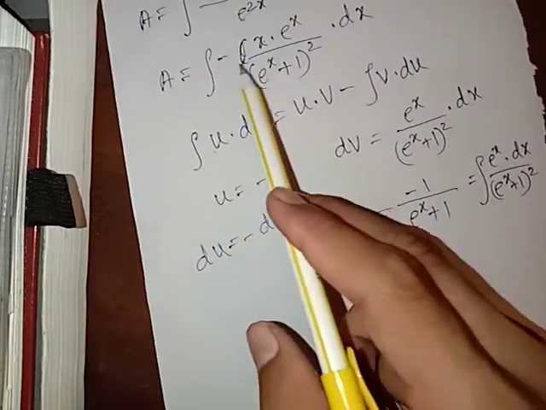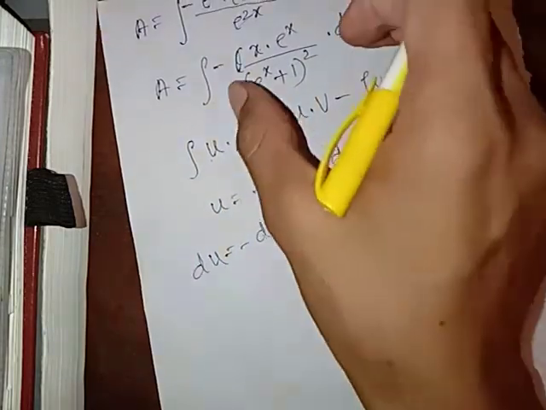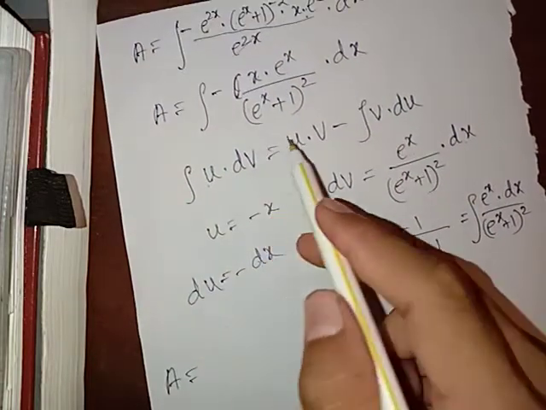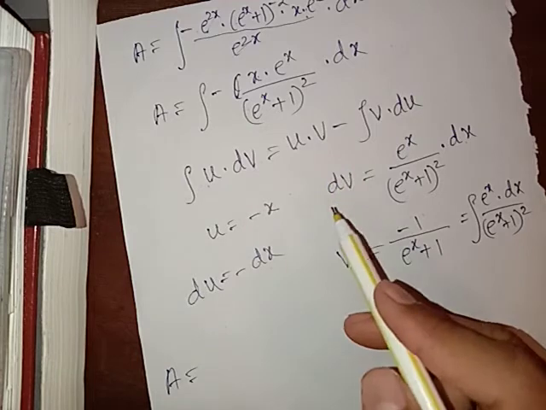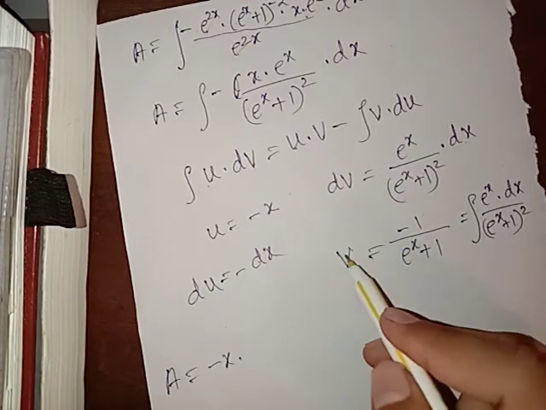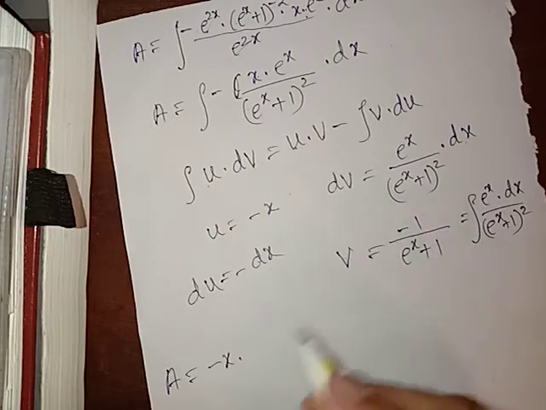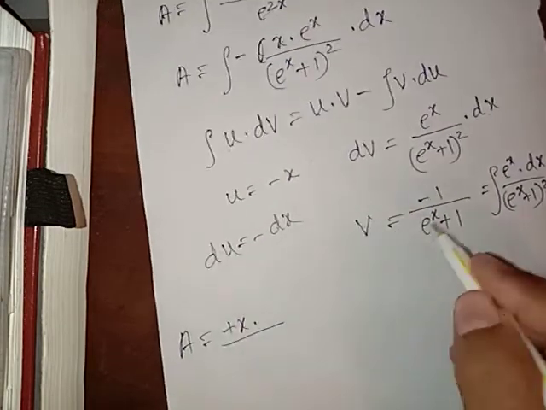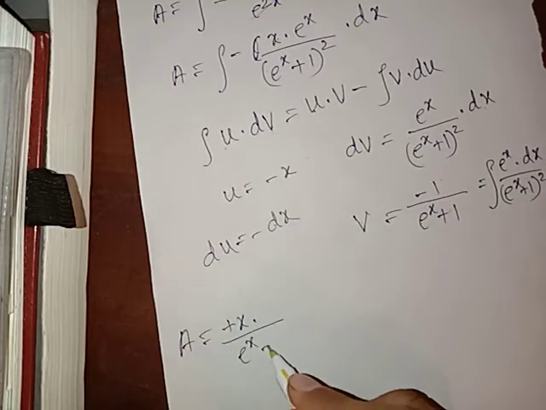So in the place of u dv, this is a. So a is equal to u into v. What is u here? Minus x. What is v here? Minus 1 into x means plus x divided by exponential of x plus 1.